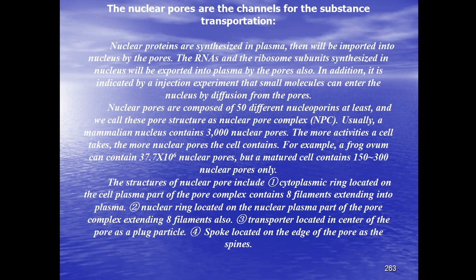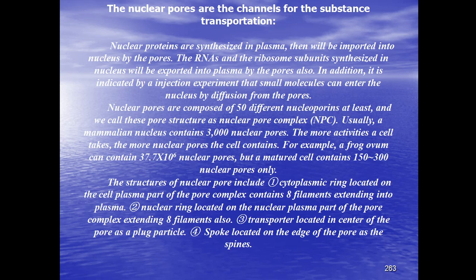The more the activities, the more nuclear pores. For example, the ovum of the frog contains 37.7 into 10 raised to 6 nuclear pores. But the matured cell contains 150 to 300, because the frog ovum is very highly active.